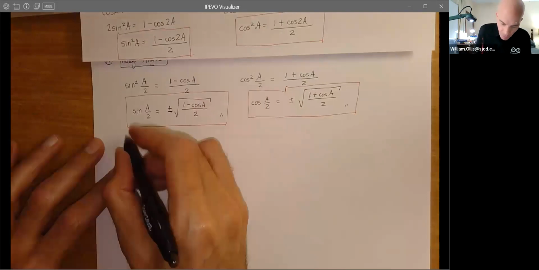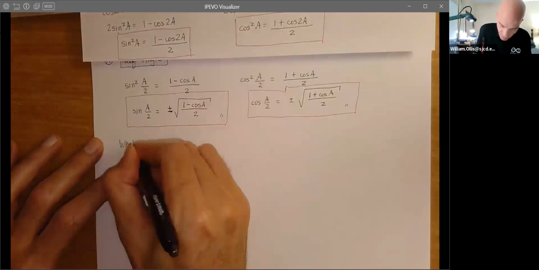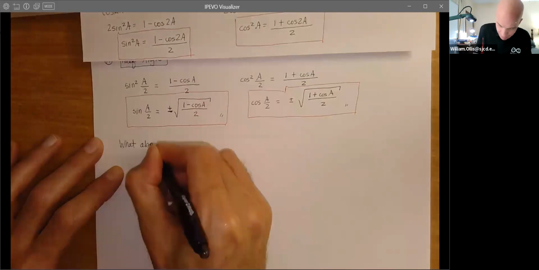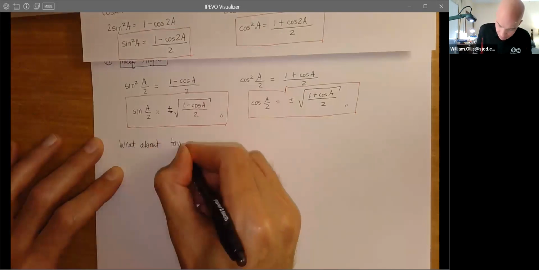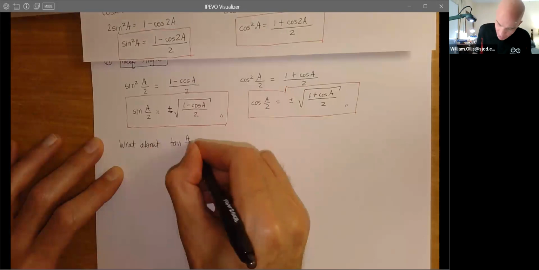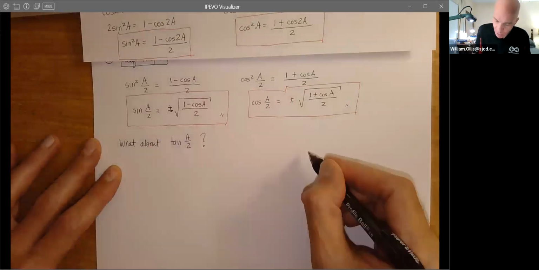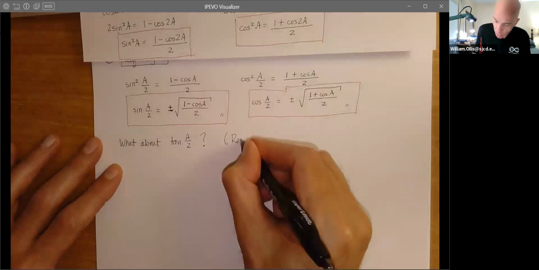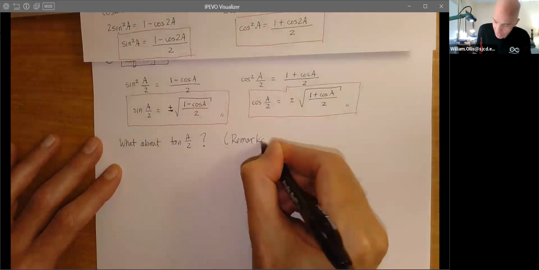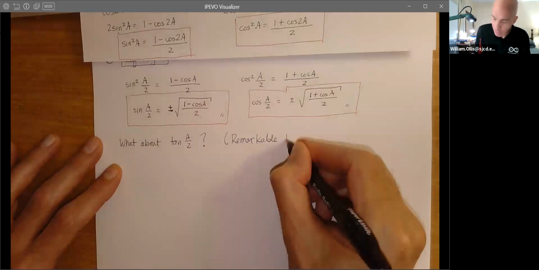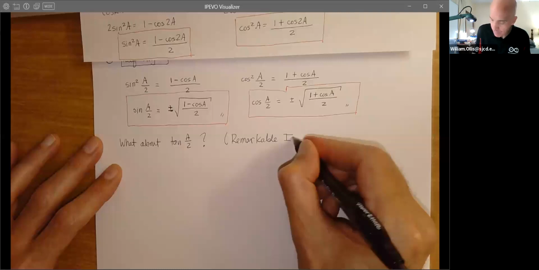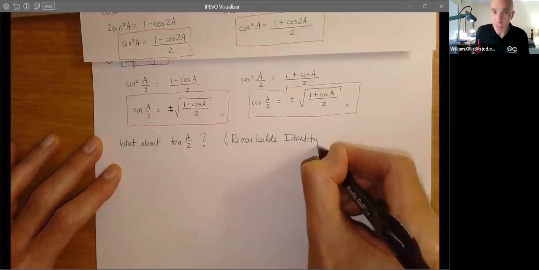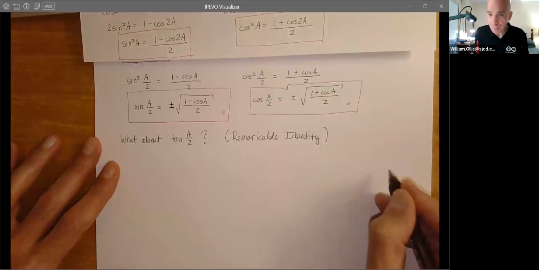So what about tangent of a over 2? What do we get for that? This is what Professor Ron calls a remarkable identity. It's not going to have a plus and minus in it. I don't care about the one that has plus and minus in it, and you shouldn't either.